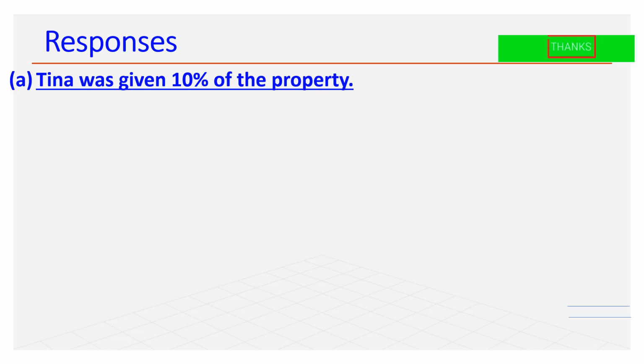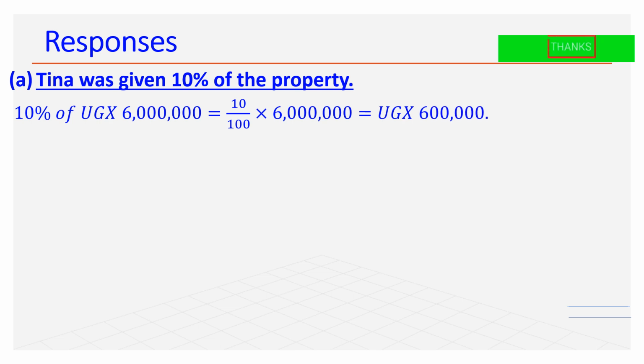So we get to realize that Tina was given 10% of the property, and 10% of means 10 out of 100 times the total property worth, and that is 6 million. So on multiplying, we get the answer as Uganda shillings 600,000, and this is for Tina.